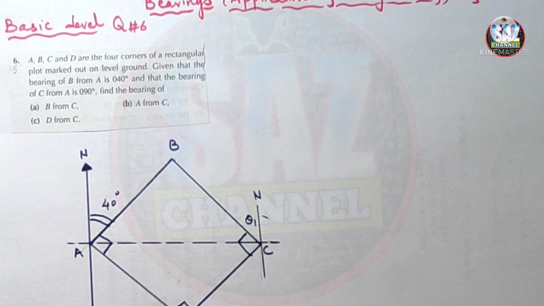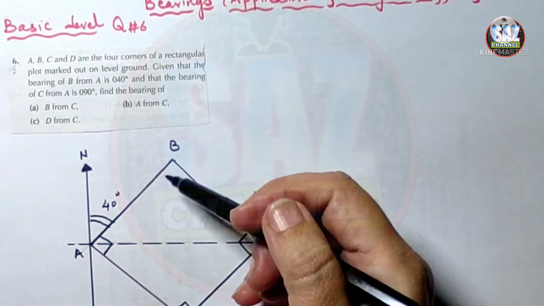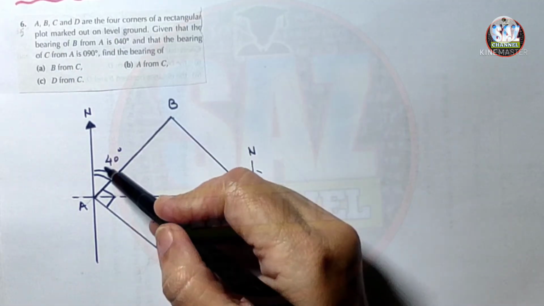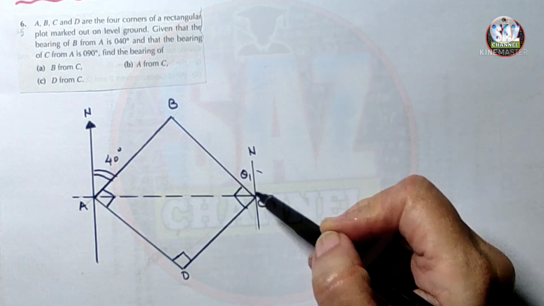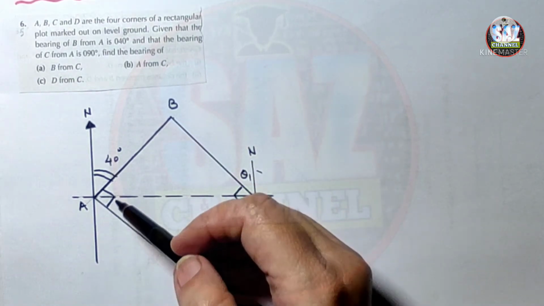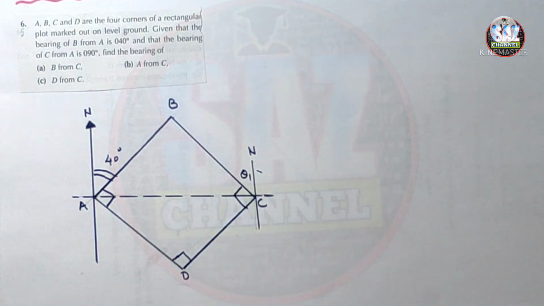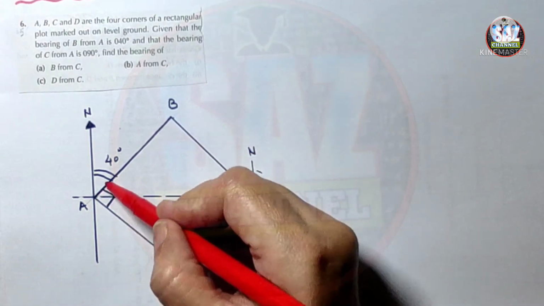So let's talk about the diagram first. If we look at the diagram, we can see that the bearing of B from A is 040 degrees and the bearing of C from A is 90 degrees. So if we need to find this remaining angle, we can easily find it because this total turn is of 90 degrees.